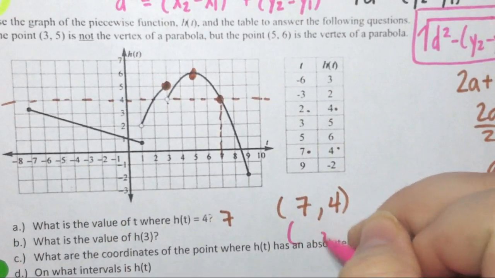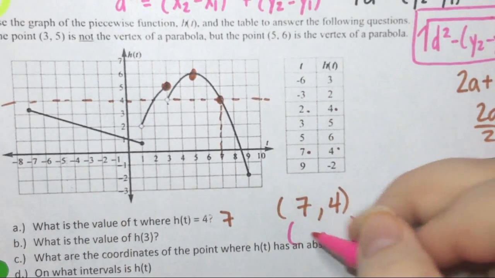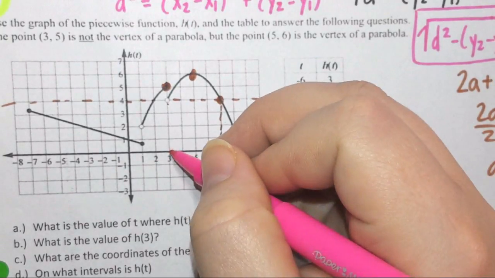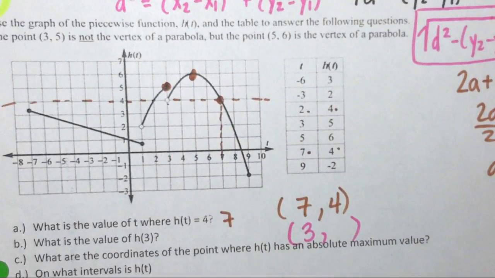B is asked differently. They say, what is the value of h of 3? So they're saying when the x value is 3, what is the y value? When t is 3, what is h of t? 4, yeah, that would be incorrect.